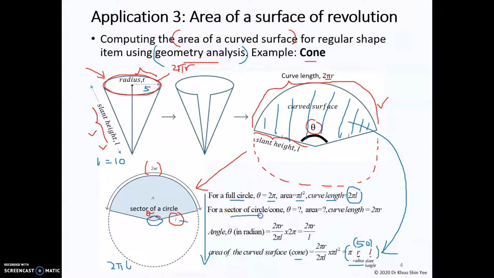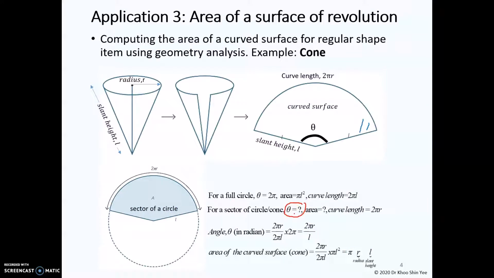For a sector of the circle which is in this region, this is due to the curved surface of a cone, and we don't know the angle for this sector of the circle. The area of this sector is unknown. We only know that the curve length is equal to 2 pi r, which is from here up to this point.